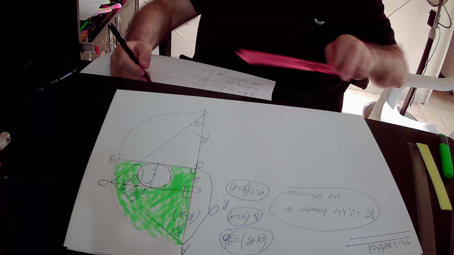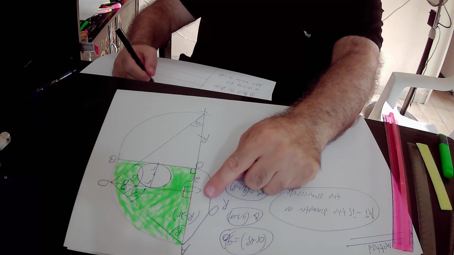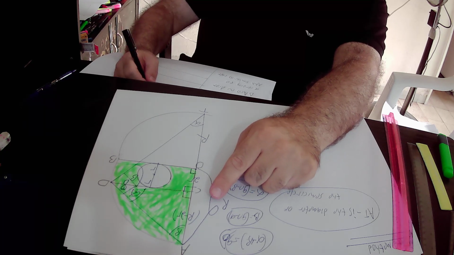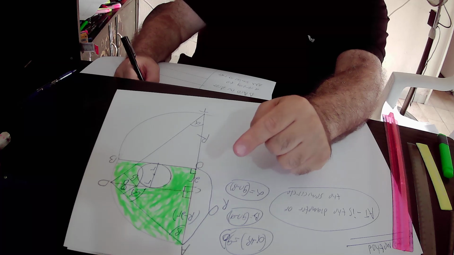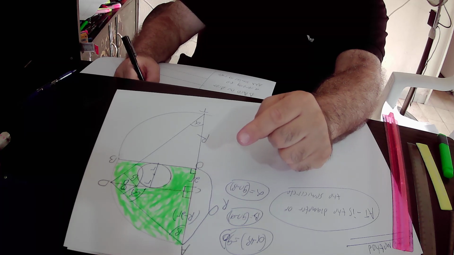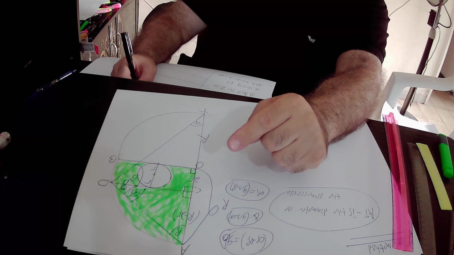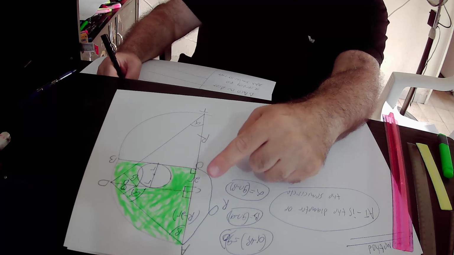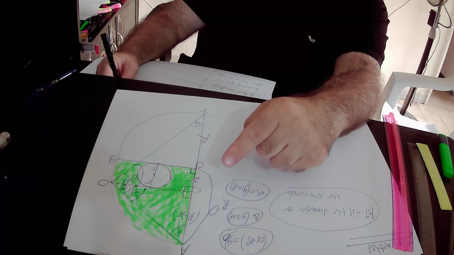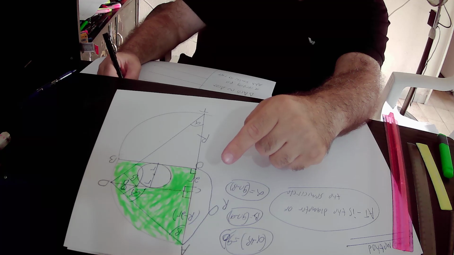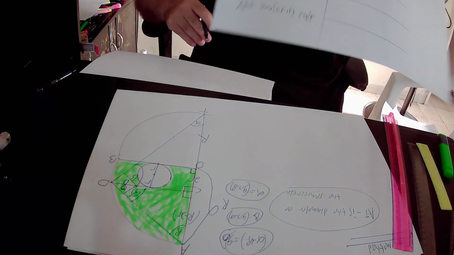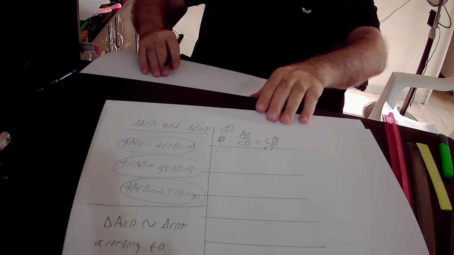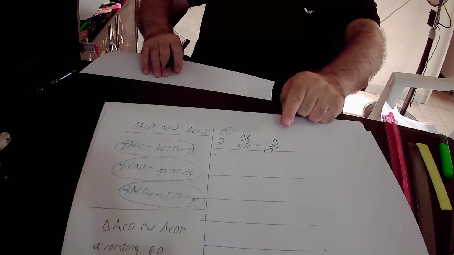We derive that AC over CD equals CD over CT. Say it again, we derive that AC over CD equals CD over CT.